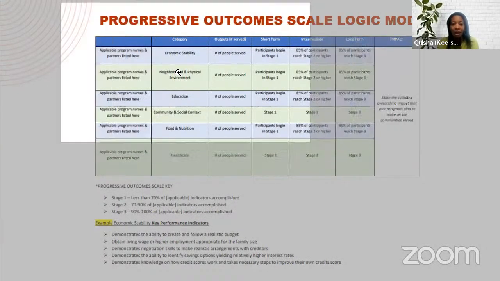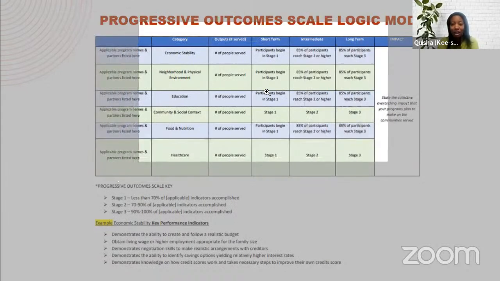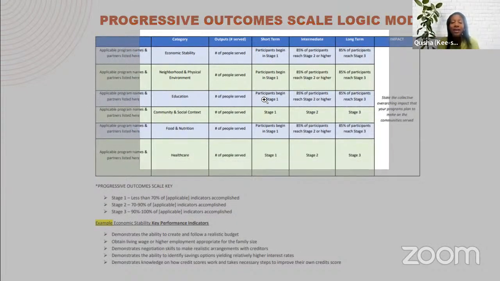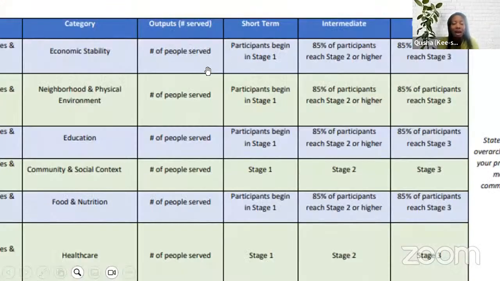This isn't going to take a long time because I'm giving you a really quick overview. One of the differences between this type of logic model and the traditional style logic model that you might be used to is the way the outcomes are measured. They're measured progressively.